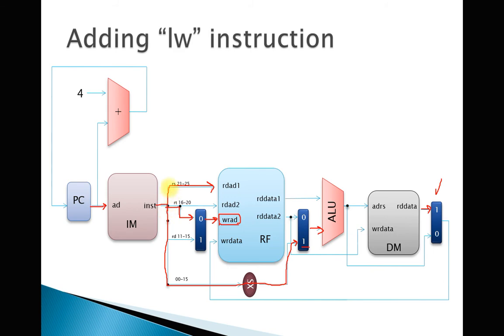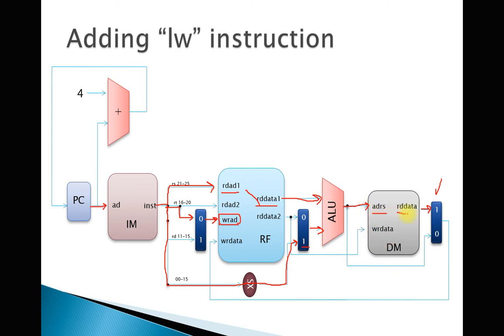Now we have already seen that RS has been passed on here, and the address has been passed on here. We fetched the data from here and passed that data to the ALU. Those 16 bits with sign extension have already been passed to this ALU, which then generates an address for DM.